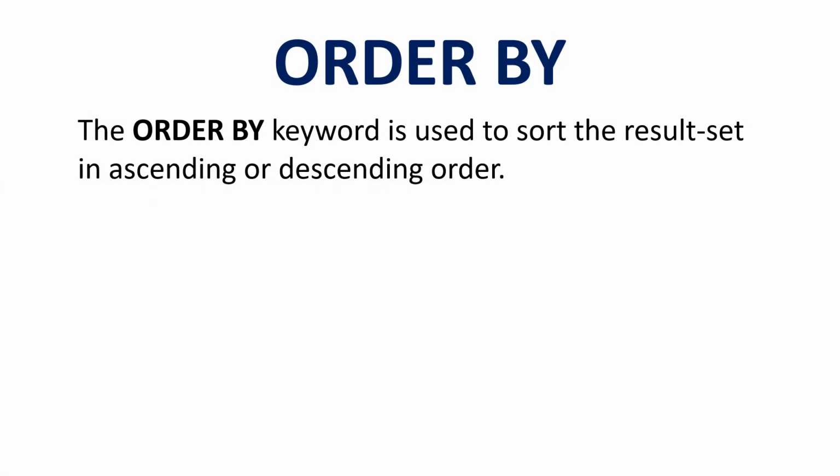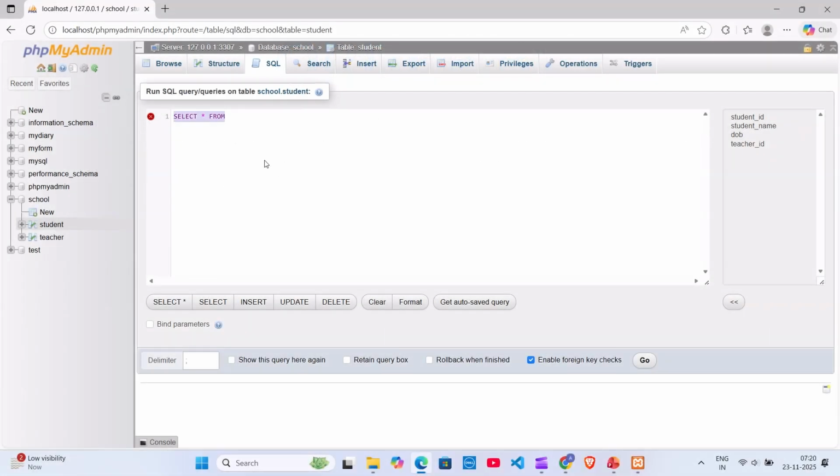The order by keyword is used to sort the result set in ascending or descending order. Let's try both ascending and descending order values.